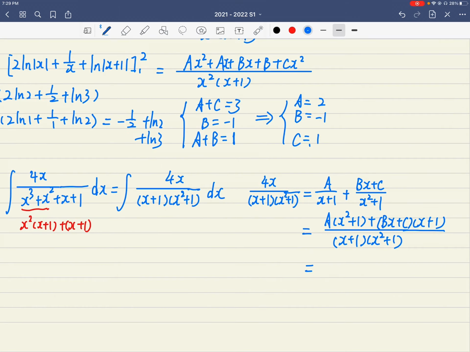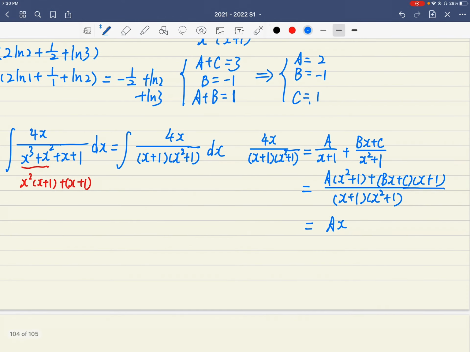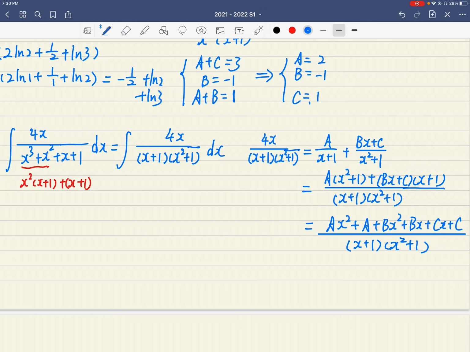So just expand it and be very careful. ax squared plus a plus bx squared plus bx plus cx plus c, over x plus 1 times x squared plus 1. So again, what's the coefficient for x squared? It's a plus b. And here we don't have any x squared, so a plus b must be 0.